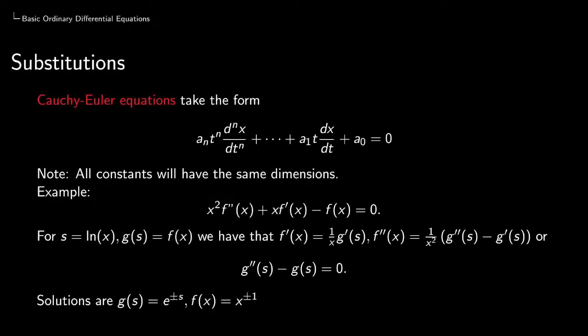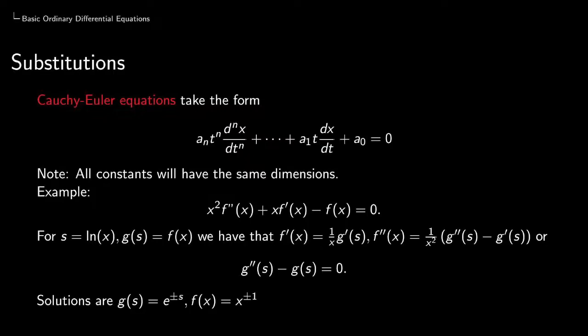If you notice that the t is sort of on the bottom of the derivative, you can think of it not exactly like a fraction, but almost like a fraction. You have a t^n over a t^n, a t over t. Dimensionally, at least, those are going to cancel, so all the terms are going to have the same dimensions. It'll just be a times x of some form.